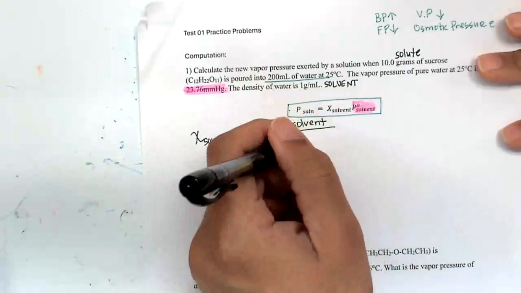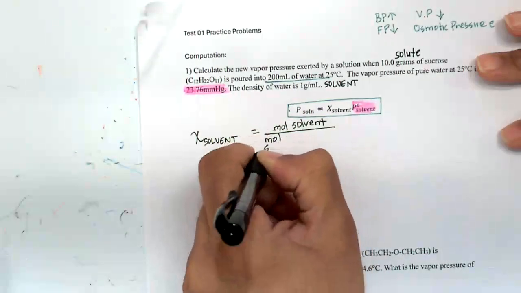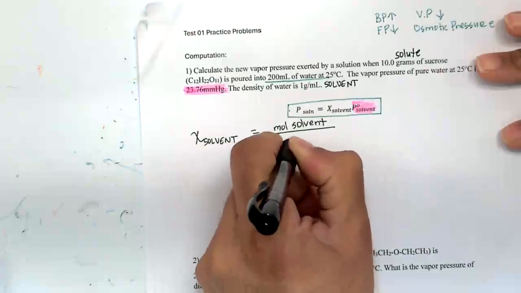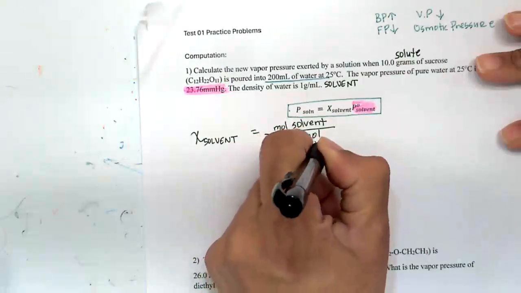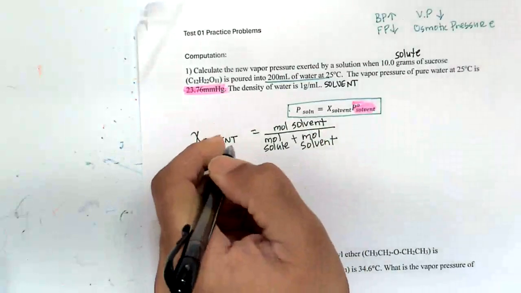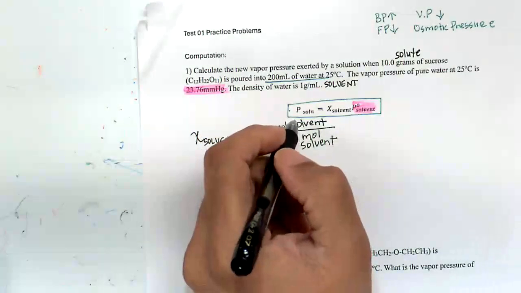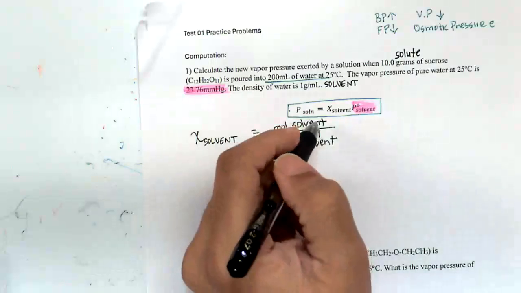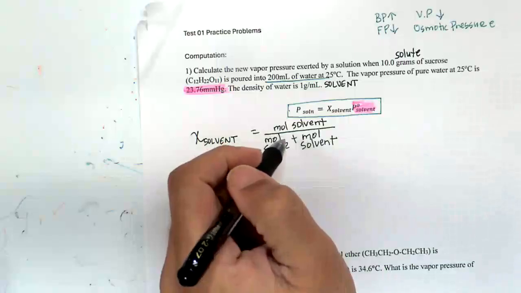So what's the total? Solute and solvent. Very good. If this were a mole fraction of the solute, you'd do moles of solute in the numerator. Since the equation is the mole fraction of the solvent, you put solvent in the numerator.